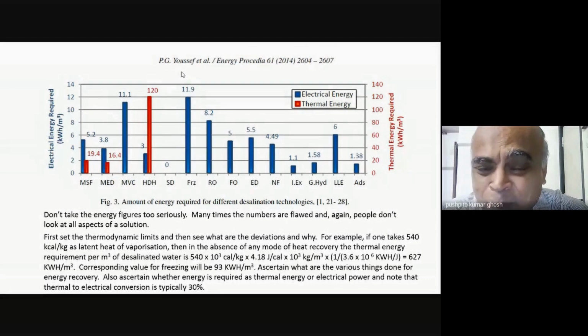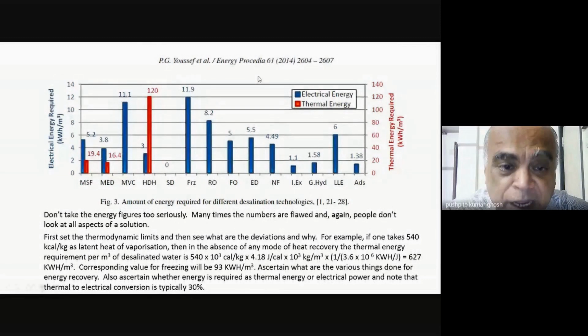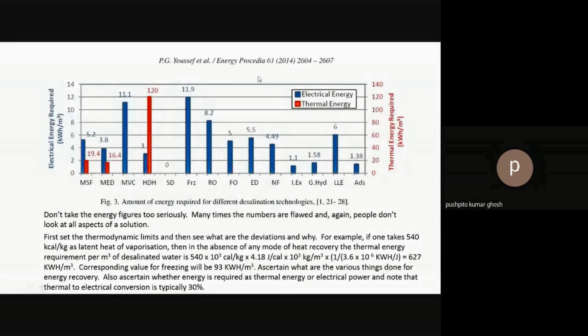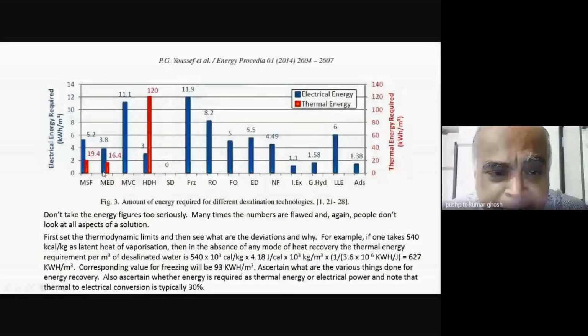Most of the papers conveniently sweep many things under the rug and only tell you a few things selectively. But what is good is that the author has put down various possible techniques. Many of them you have actually covered.